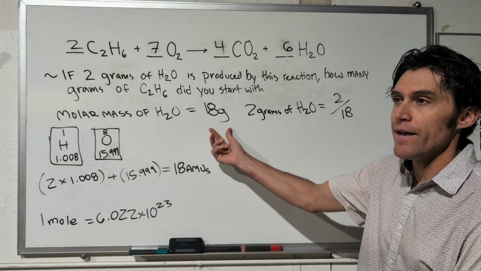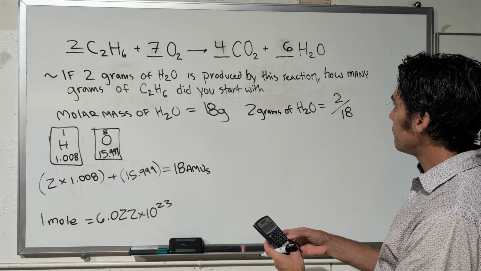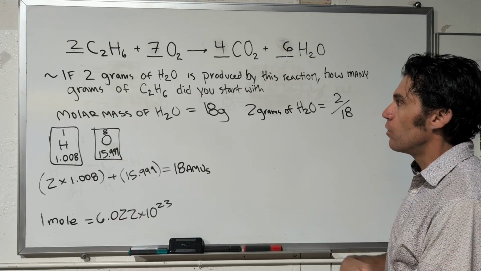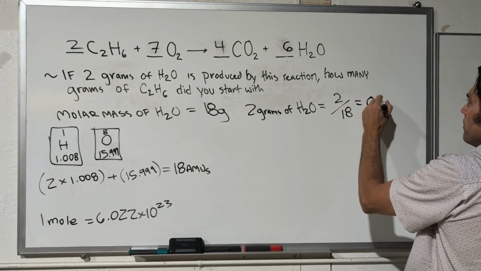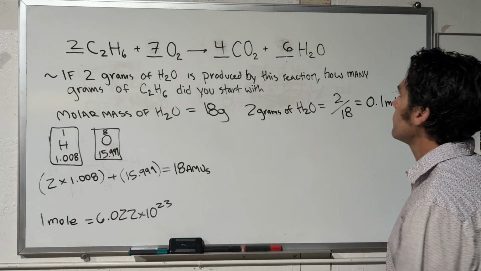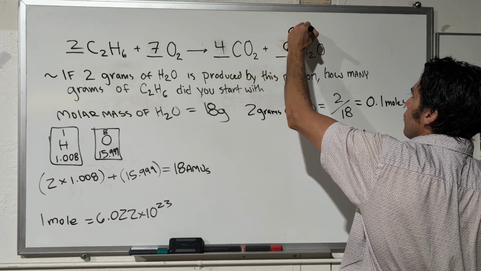We don't have a whole 18 grams. We have 2 grams. So 2 divided by 18 equals 0.11. Let's just round it to 0.1. We got 0.1 moles.